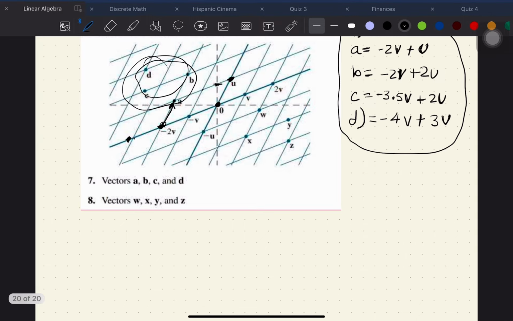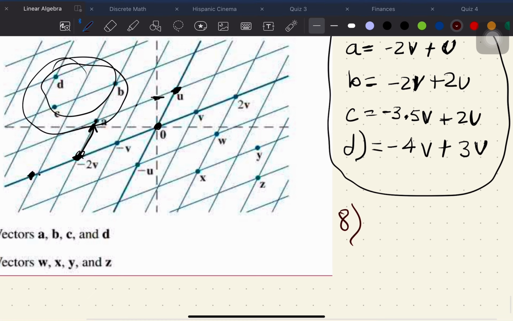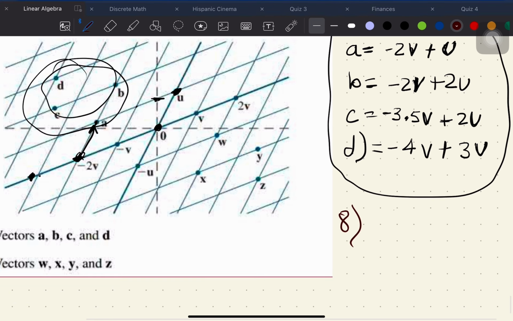Now for 8, we will do the exact same thing, I don't know why I put 7. But in this case, we will have our B side be positive and our U side be negative for some reason. So let's try and find W first. With W, we have 2B over here, and we have our negative U value over here.